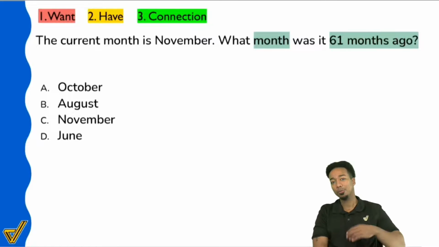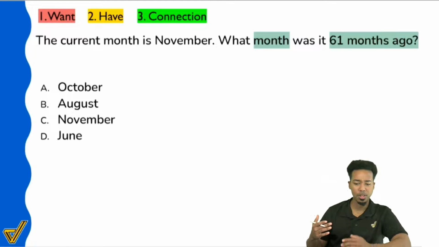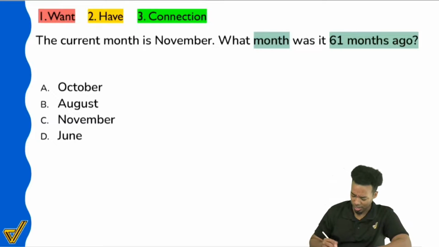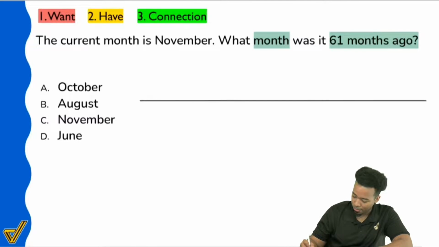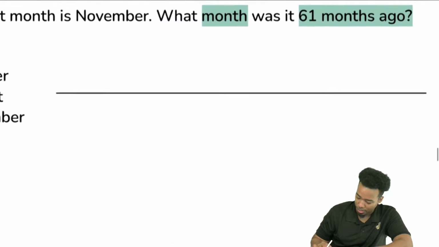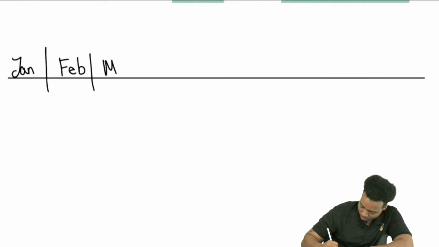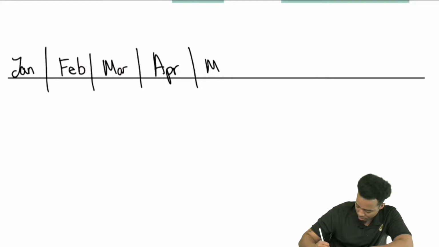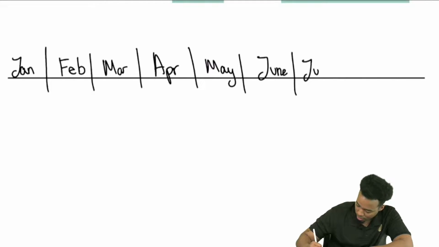Okay, so let's remind ourselves here, everybody. Let's list out the months just in case we're having a tough time remembering. So let's list out a full calendar year. Help me out, everybody. First month is, help me out. January, February, March, April, May, June, July.